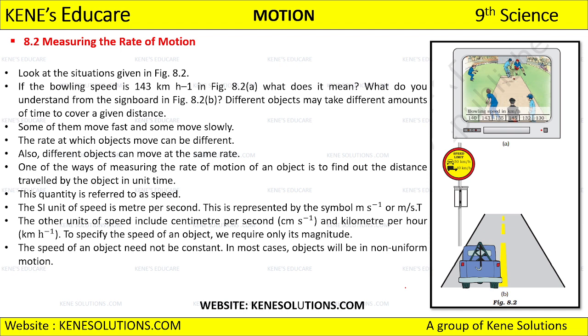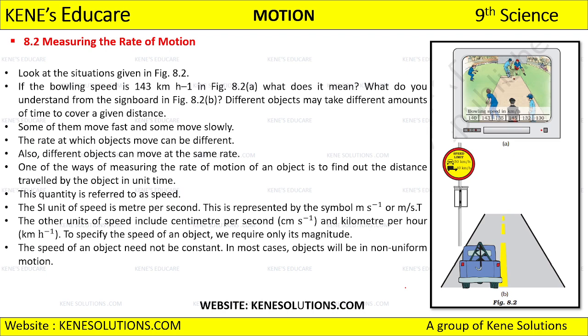So different objects may take different amounts of time to cover a given distance. It's not that every object is going to cover the same distance in the same time, right? Some of them move fast and some of them move slowly, and the rate at which objects move can be different.